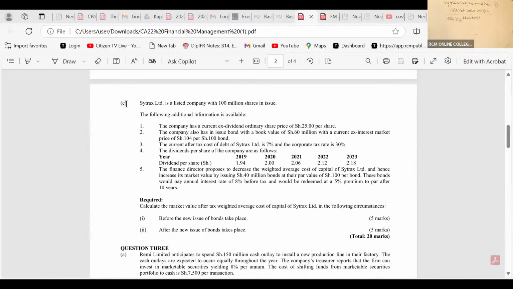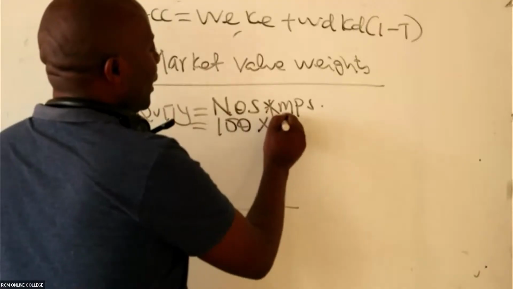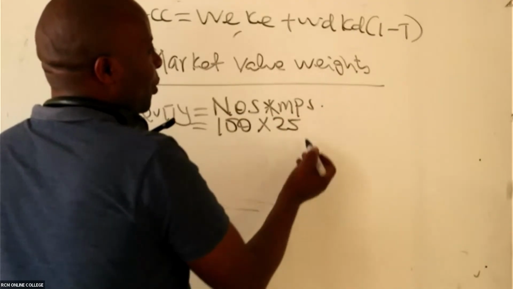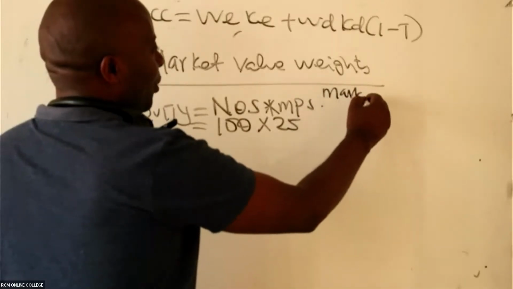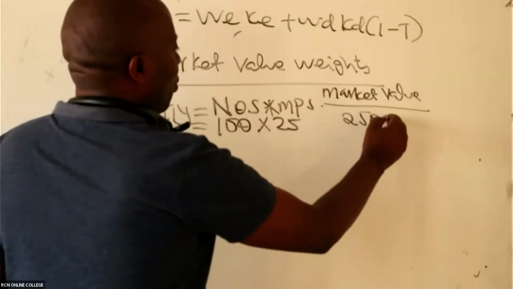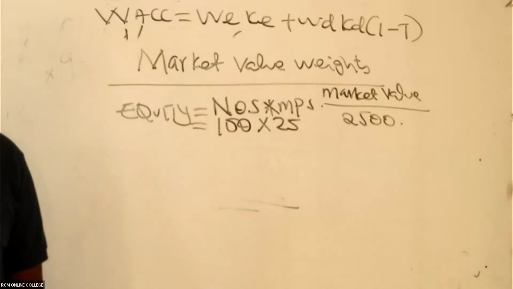Syntax has 100 million shares, and the market price per share is 25. So this gives us a market value of 2,500.